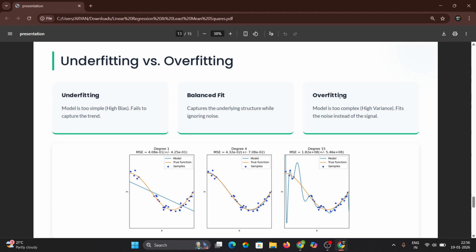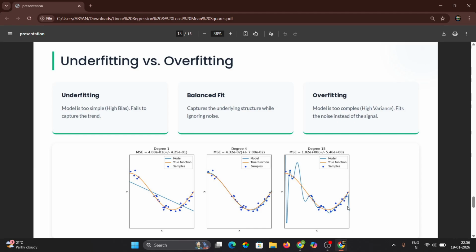So when slightly different data comes in the test, it will not be able to predict. When the model becomes too complex, it means high variance: it fits the noise instead of the signal. That's the problem. When we make it too complex, it also fits the noisy data, which is far away or outlier-type data.